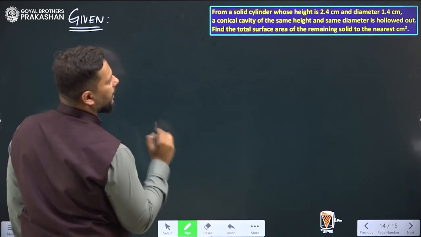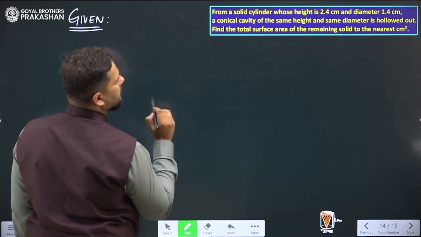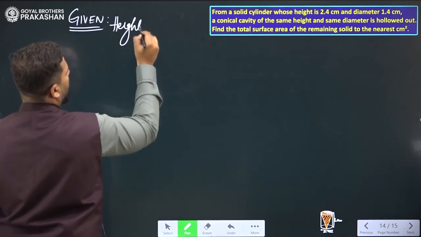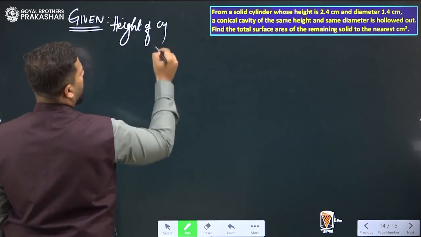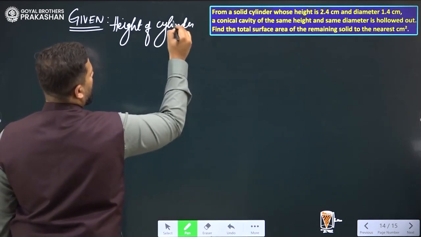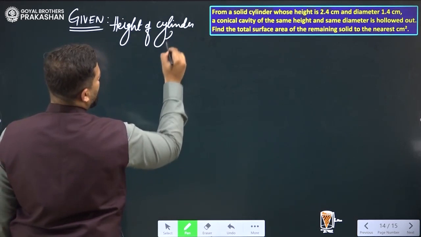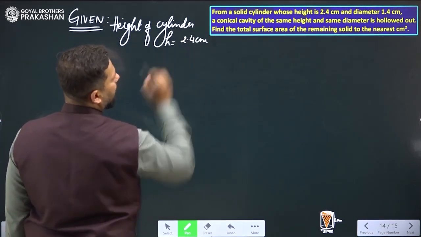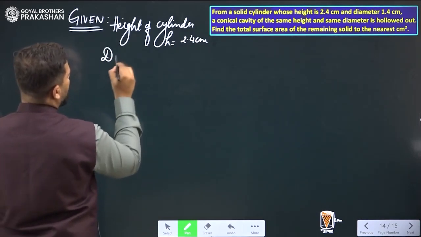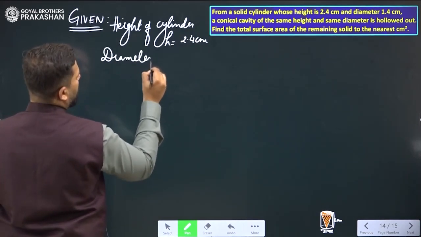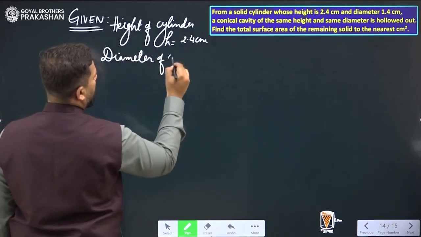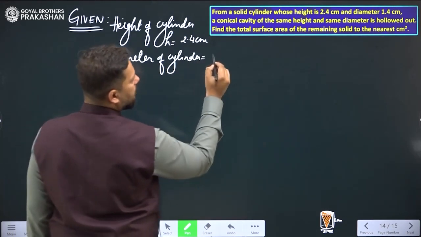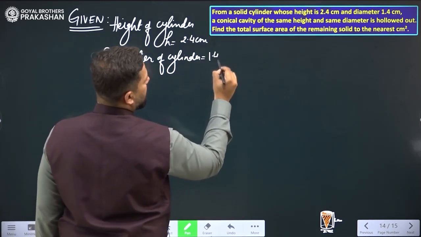What is given? The very first thing is height of the cylinder. Height of cylinder, we will take it as h, is given as 2.4 centimeter. Diameter of the cylinder is given as 1.4 centimeter.